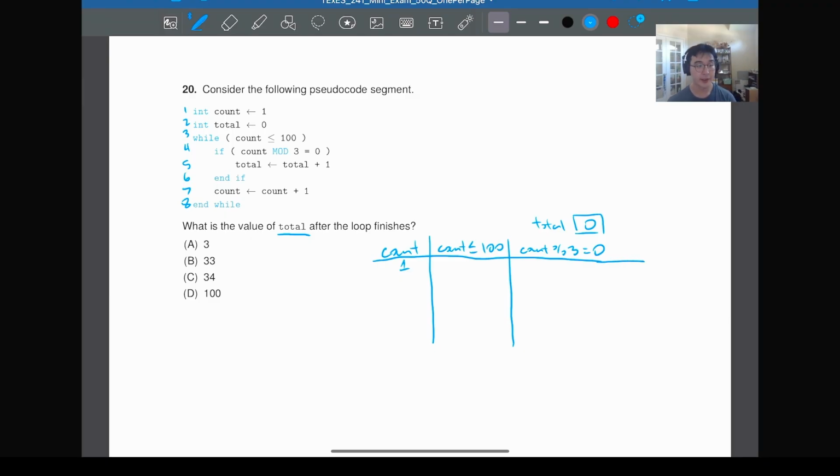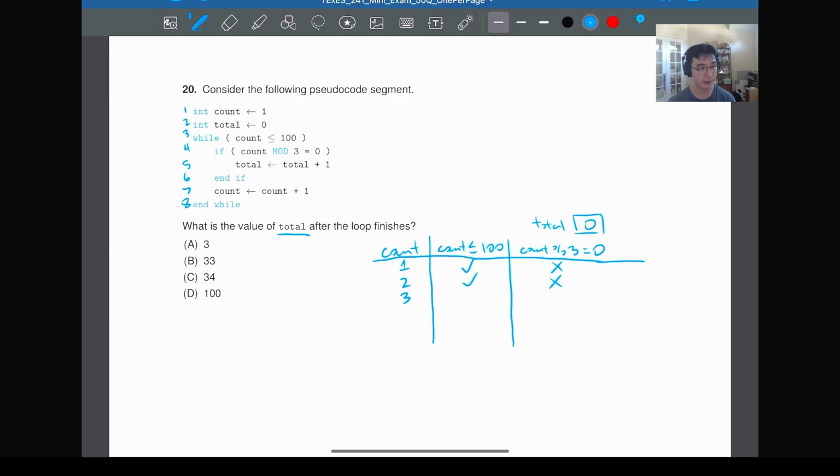Okay, so just to backtrack a little, count was 1, count is less than equal to 100, but count mod 3 is not equal to 0. So I go to line 7, count is now 2. I go to line 3. Is count less than equal to 100? It is. Is count mod 3 equal to 0? Nope. I go to line 7, count is now 3.